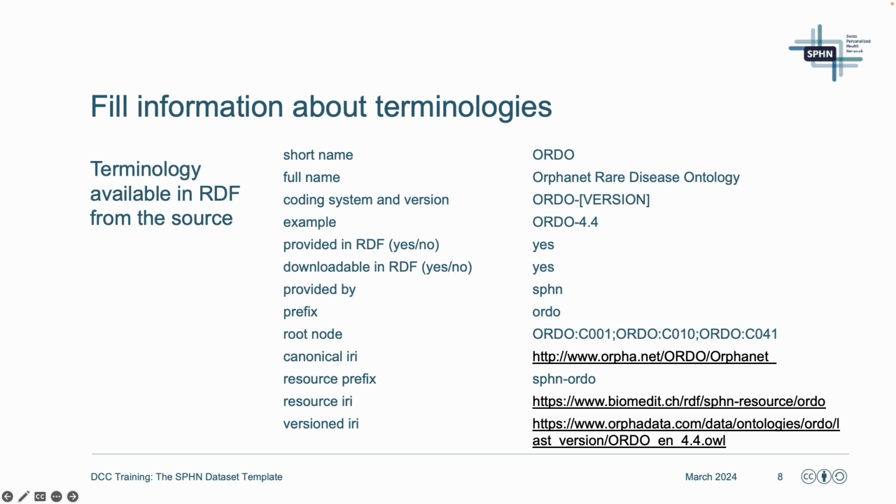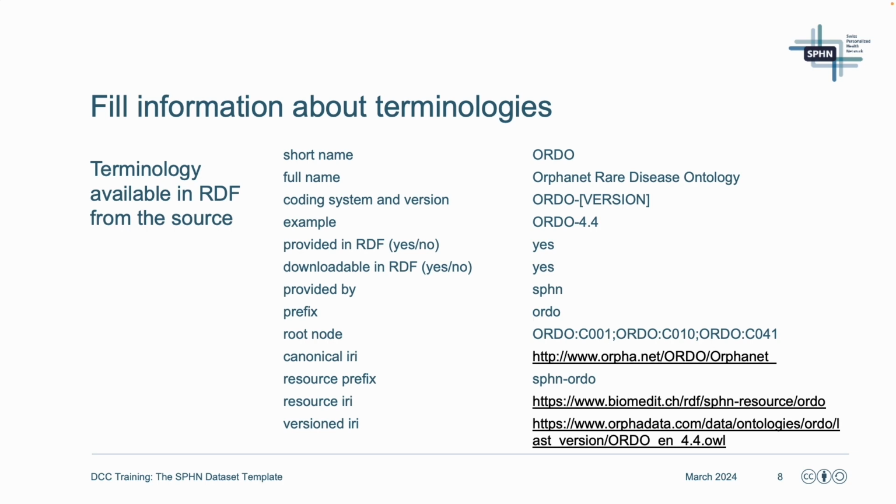The canonical IRI must be the one defined from the terminology file, as well as the versioned IRI. A resource prefix should be provided, which will be used internally in the project-specific RDF schema to reference the terminology in a single space. So it is actually different from the prefix of the terminology that you provided before.